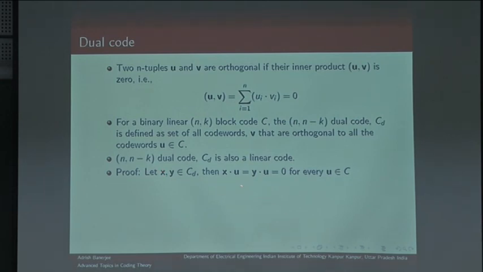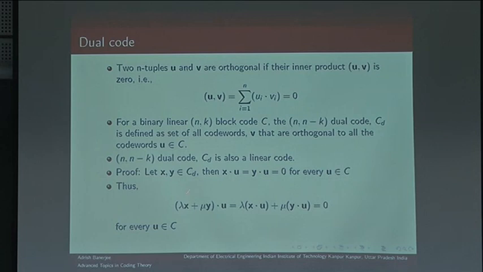And what is orthogonal? So, the dot product x dot u is 0 and y dot u will be 0. Now, let us take lambda times x plus mu times y, and take its dot product. So, then it will be lambda times x dot u plus mu times y dot u.